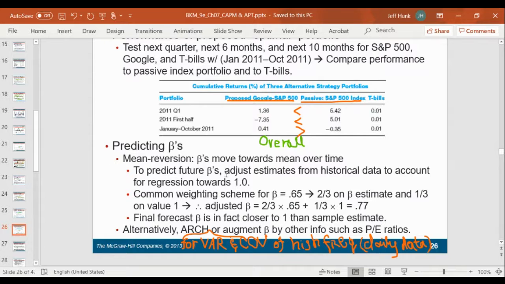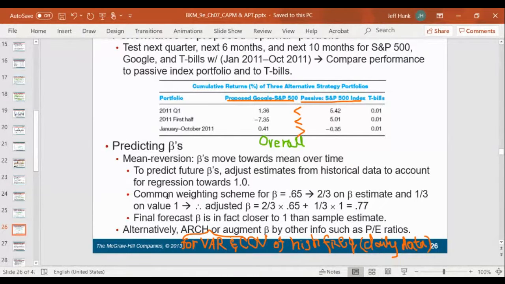So most likely, for future beta, we have to adjust estimates from historical data to account for regression towards 1, which is the market beta. Because we are trying to forecast future beta, we have to take into account that mean reversion, reverting to the market beta of 1, right?